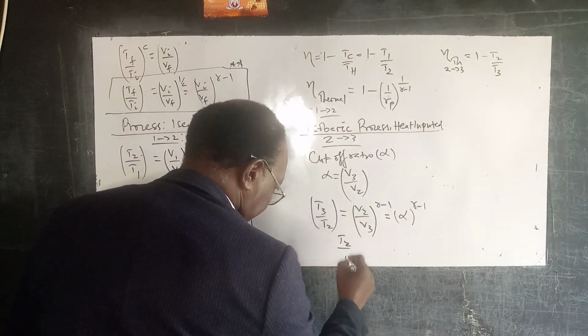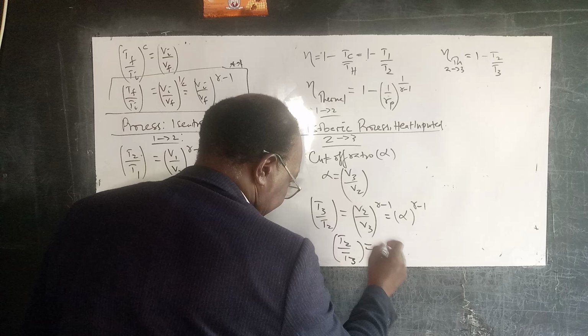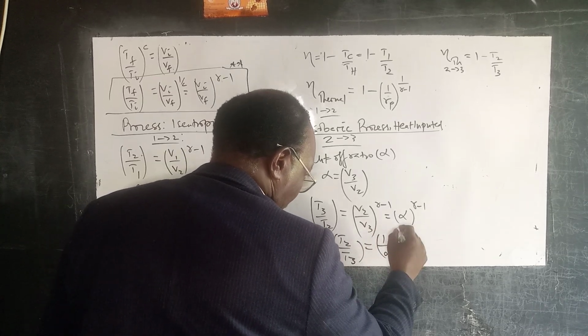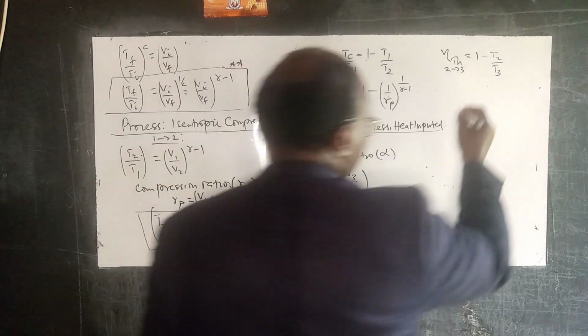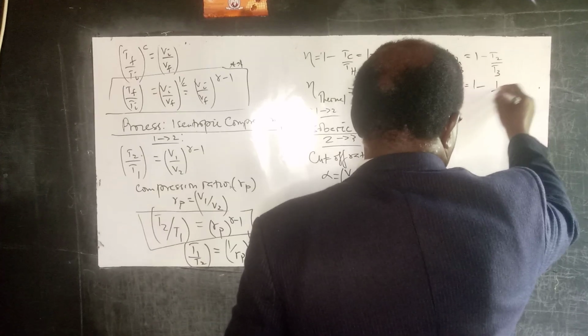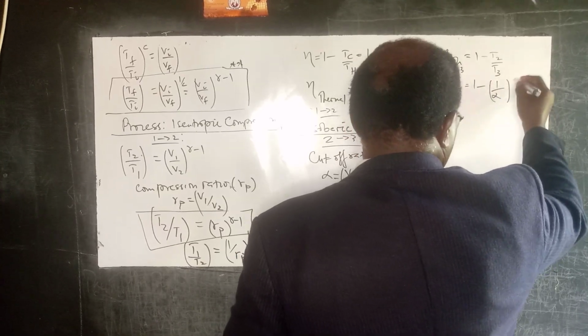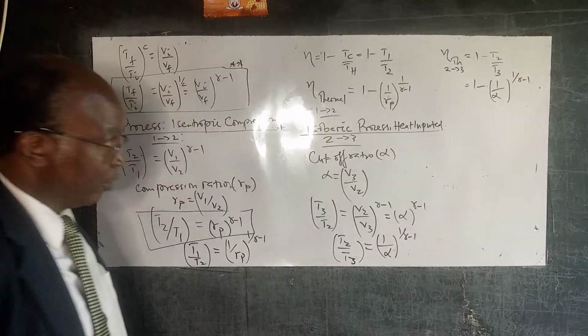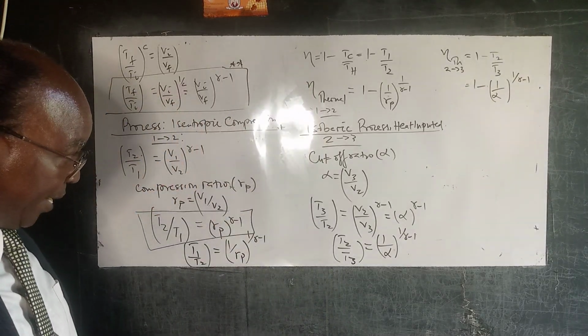So we just proceed the same way, just inverting the quantity. So we have 1 over alpha to the power 1 over gamma minus 1. So it becomes 1 minus 1 over alpha to the power gamma minus 1.